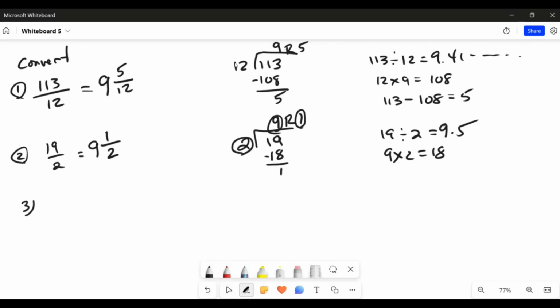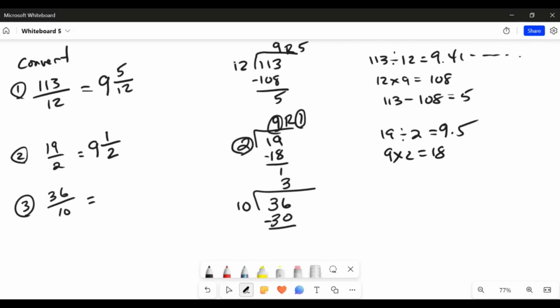Let's look at number 3. On number 3, we have 36 over 10. That means we need to take 10 and divide it into 36. Well, we should be able to see that 10 goes into 36 3 times. 3 times 10 is 30.